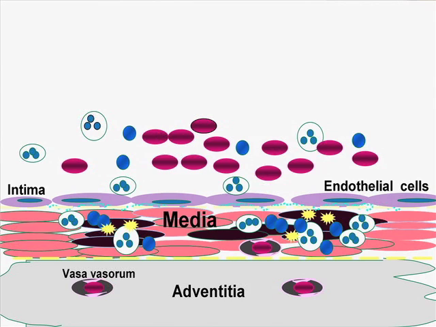You should not see clusters of white blood cells within muscular arteries, such as in this cartoon here. So here I've drawn in some white blood cells within the vessel wall, and the question then becomes, why are they there?